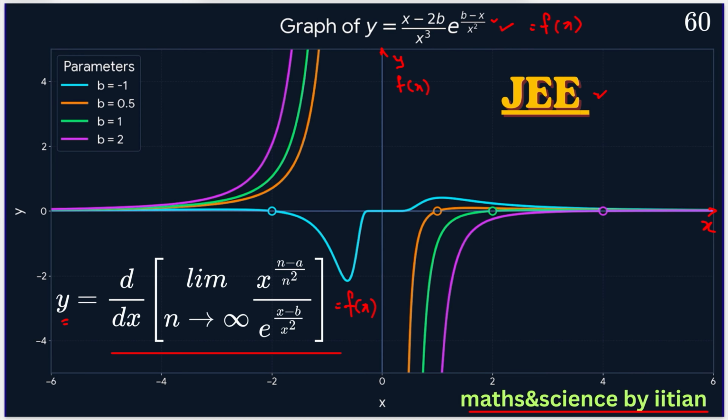That has given a value as (x minus 2b) by x cube into e to the power of (b minus x) by x square, which we have equated to y or some function x, and these are all arbitrary things, from which we have drawn the graph y versus x.